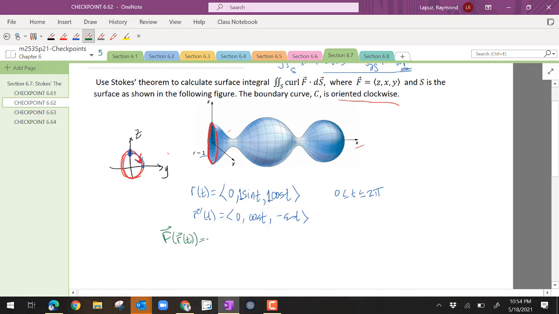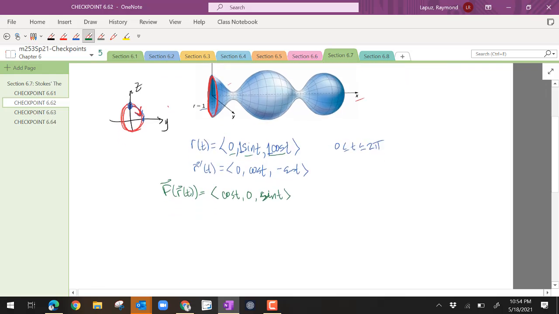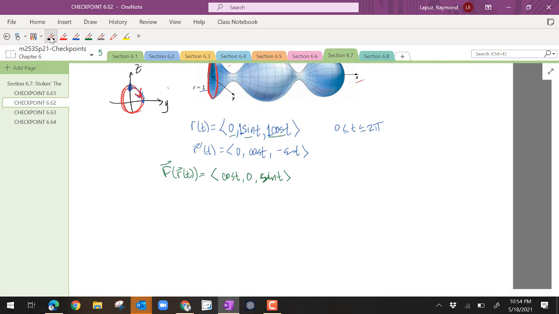The vector field is z in the first component, and our z is cosine t, x in the second component, which is 0, and y in the last component, which is sine t.